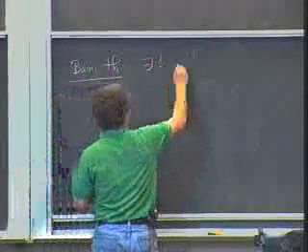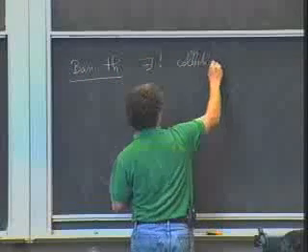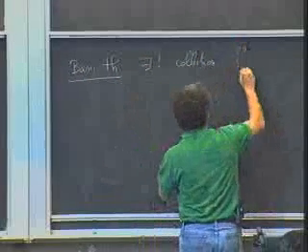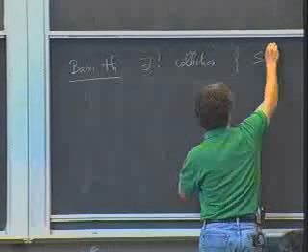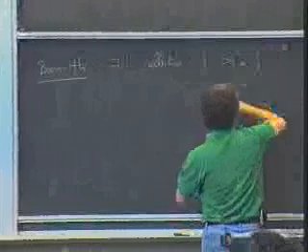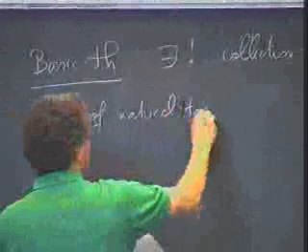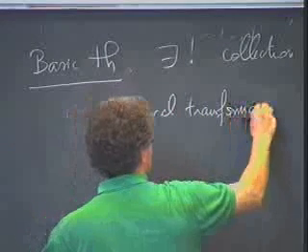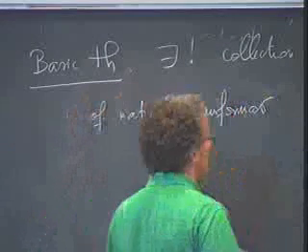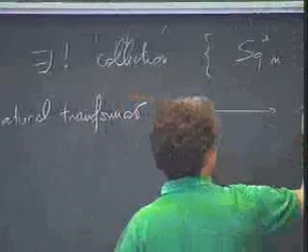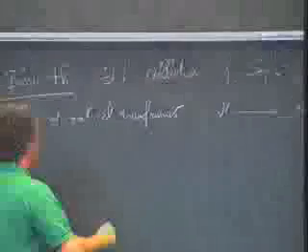There is a unique collection Sq^i_n, indexed by pairs of integers n and i positive, of natural transformations between functors from H to the category of abelian groups.